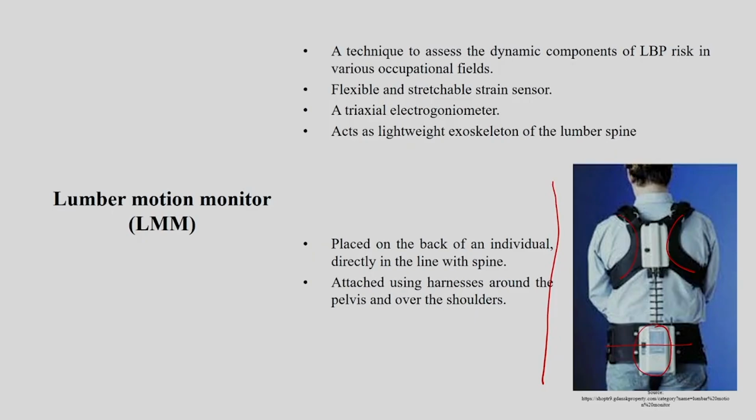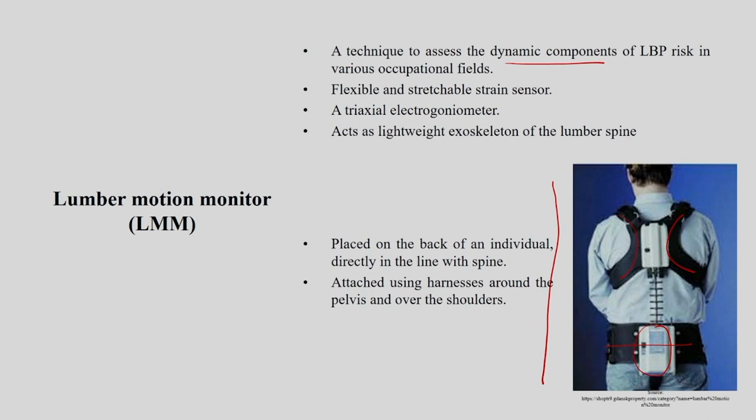Whenever we are talking about low back pain and trying to understand the risk, maybe posture, maybe force, maybe bending position, those are all static in nature, but this LMM is going to give you the dynamic component of various occupational fields.